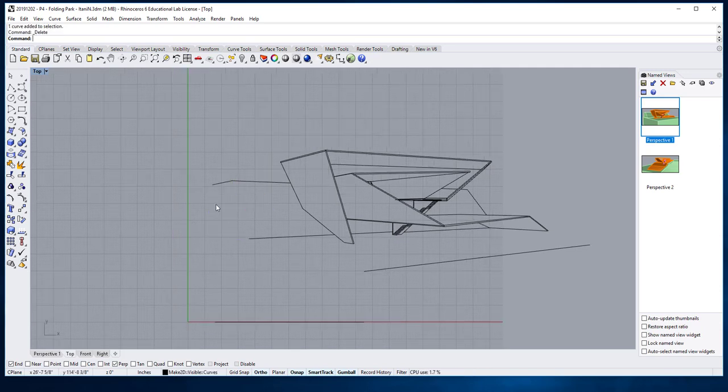Let's see what happens if we get rid of these guys and just extend these lines over a little bit more. Do an extend. That way.